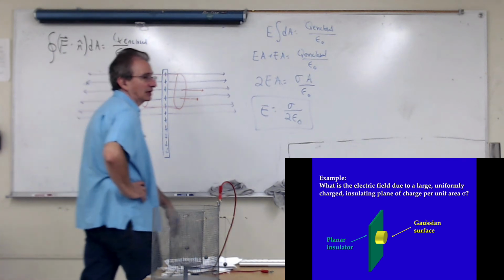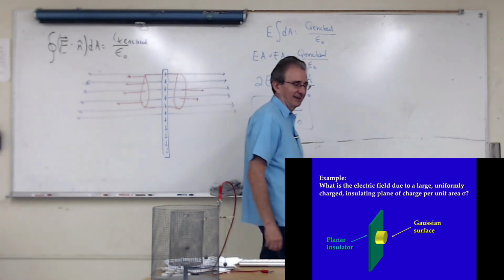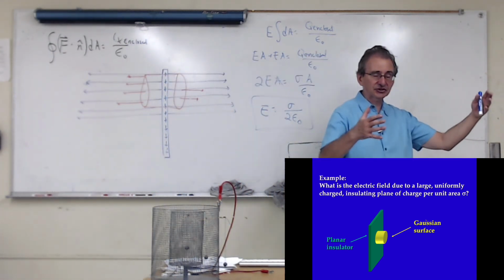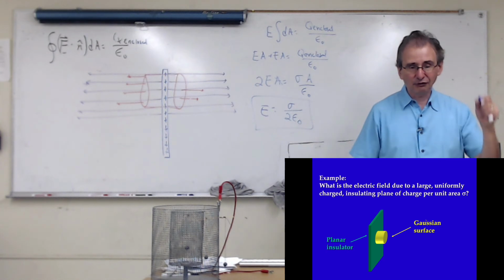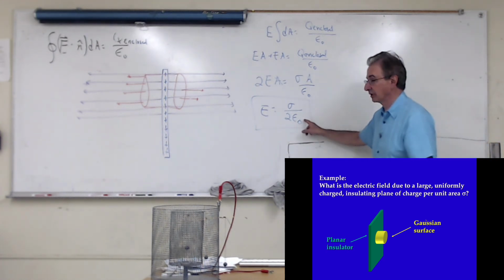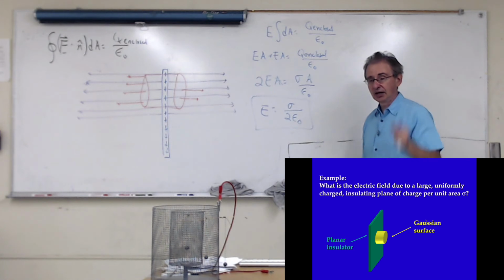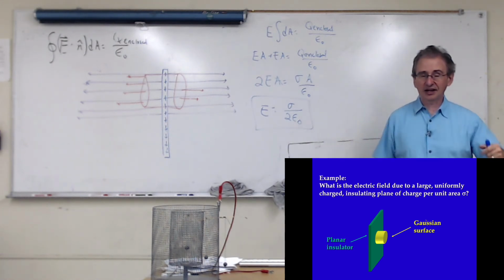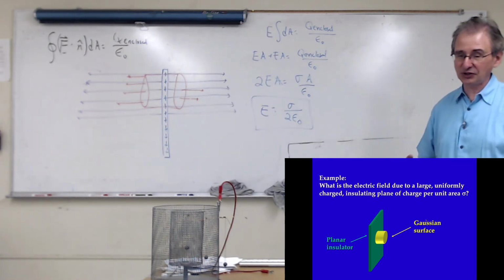Yeah, there's no such thing as an infinite plane. However, if you have a disk and you find a field real close to the disk, it's approximately equal to this expression. I did a video calculating the field of a disk using the methods of chapter 23.